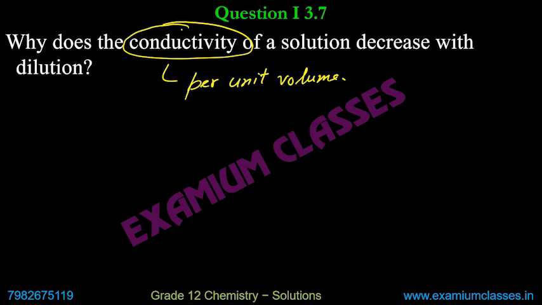If we increase the dilution, the number of ions present in the same volume, as compared to the earlier unit volume, decreases. Although the total number of ions will increase on dilution, per unit volume it will decrease within the same volume.